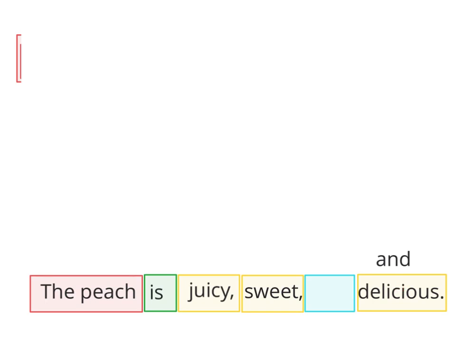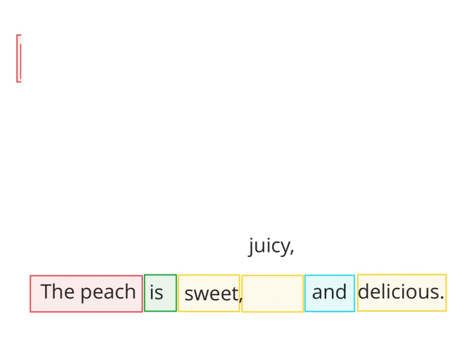You can see that we put a comma after the first one, a comma after the second one, and then we use the word and. The peach is juicy, sweet, and delicious. We are going to learn in another lesson that the reason we use these commas is because we can move these adjectives around and we will get the same meaning.